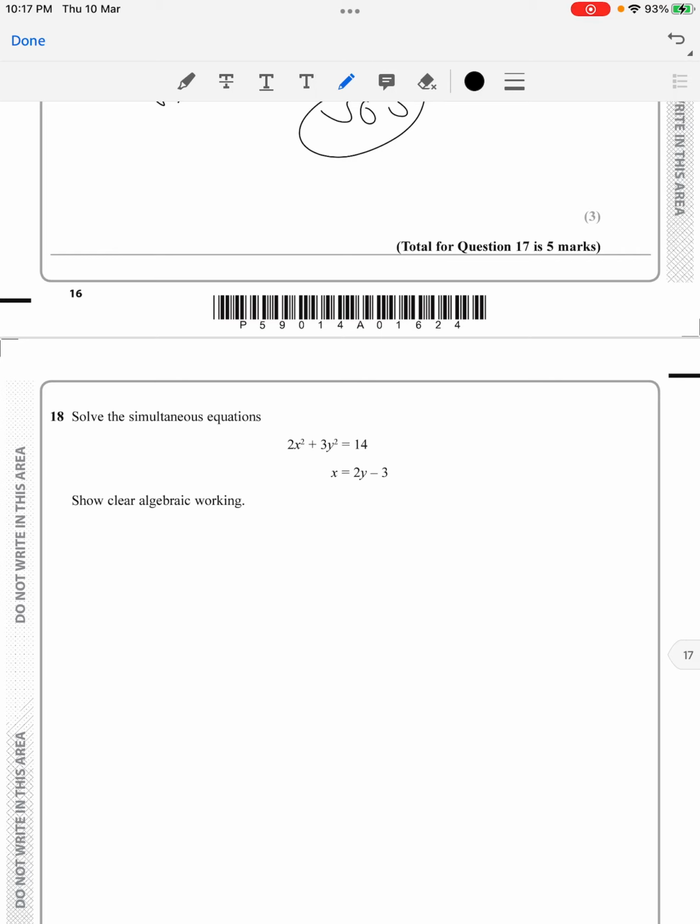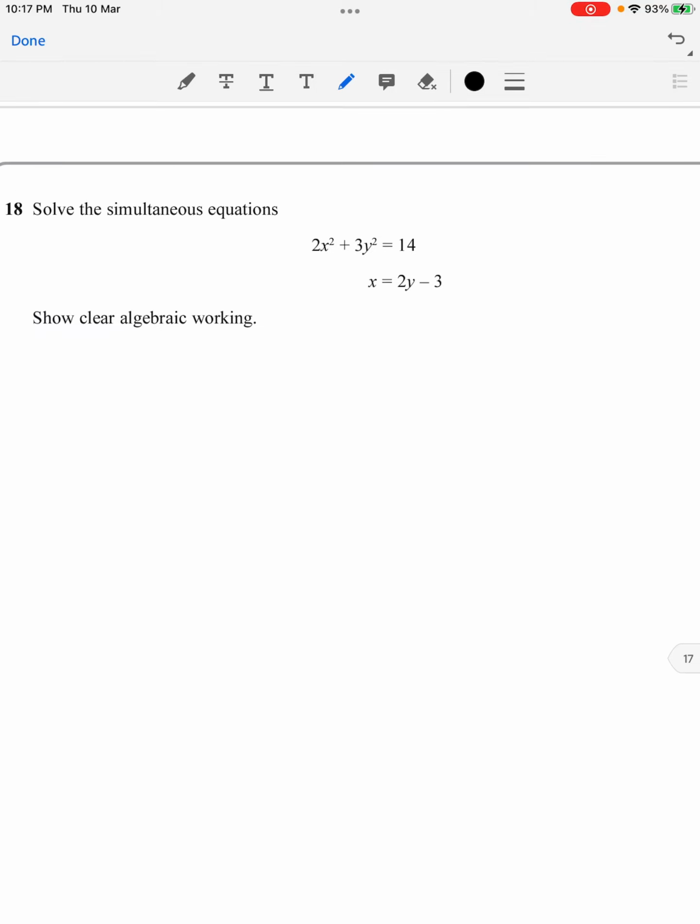Solve the simultaneous equations. Pretty long one. This is an awesome question. So you have to start solving the algebraic question. So you have 2 brackets 2y minus 3, squared, plus 3y squared is equal to 14.